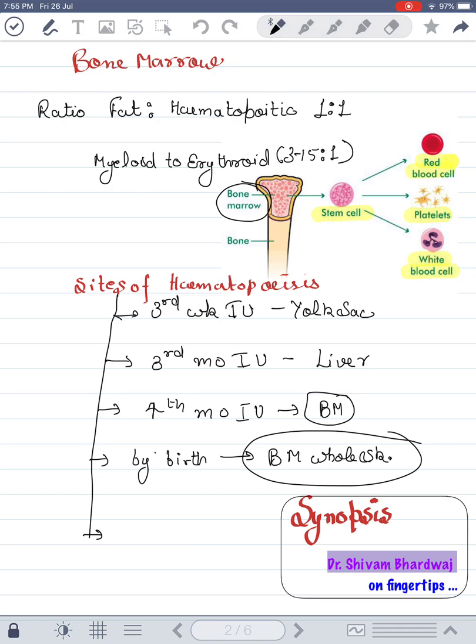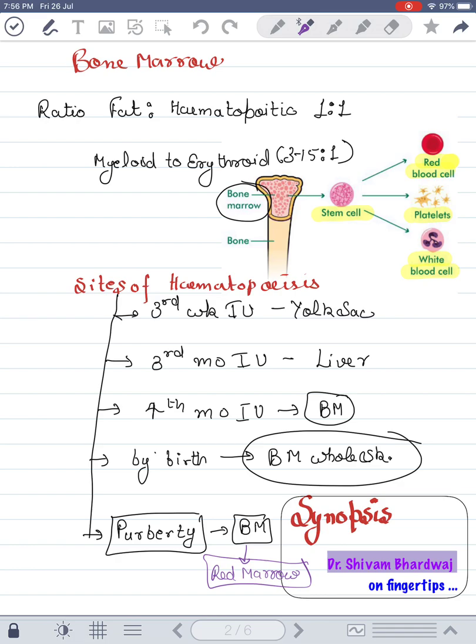When the person reaches puberty, the function of producing blood is restricted to a small part of the bone marrow, that is the red marrow, generally seen in the flat bones.